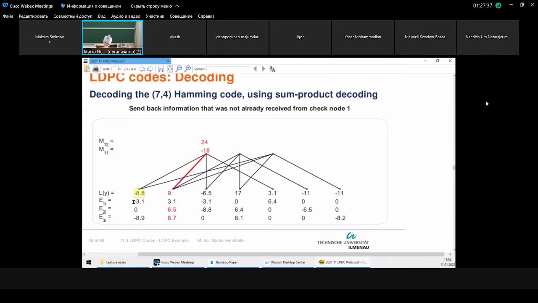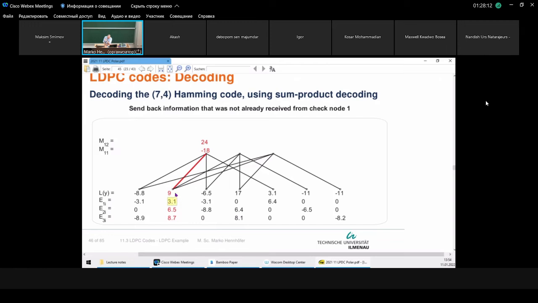It's just this one and this one: -8.8 plus -8.9. This will be this -18, and so on. Also when feeding back information to the check node from bit node 2, we feed back all the values, just not the value that we received just before from this check node. Again, this would be a reuse of this information.